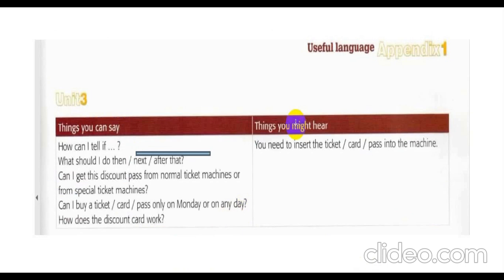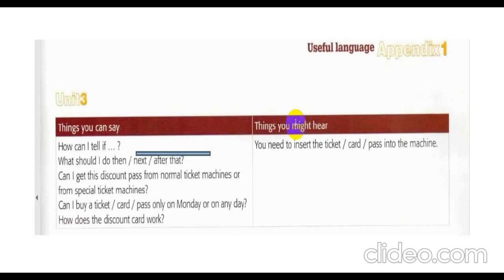With useful language, we have things we can say and things we might hear. Things you can say: How can I tell if? What should I do then? Next, after that, can I get this discount pass from normal ticket machines or from special ticket machines?